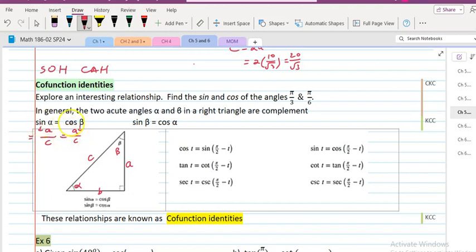Although we are talking about two different angles, they're equal. So for sine and cosine, you can switch the angle and they're equal. And the same thing, sine beta would be B over C, and cosine alpha would be B over C.